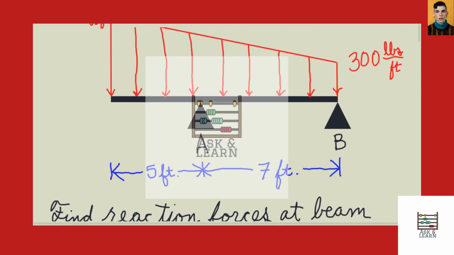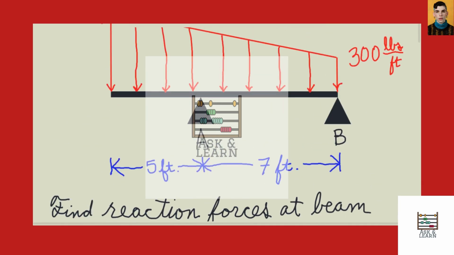Looking back at our diagram here, wherever the centroid is, x sub total, the moment arm about it will be its location, x total, minus the location of support A, which is 5 feet. Or rather, the other way around, 5 feet minus the location of x total.